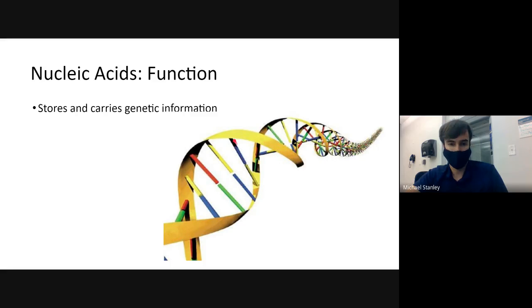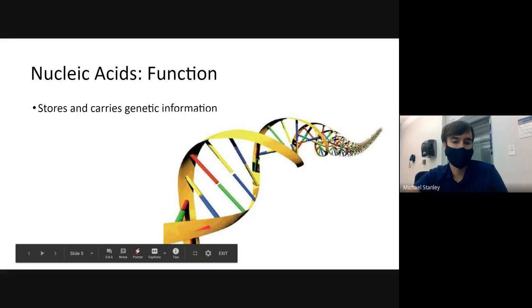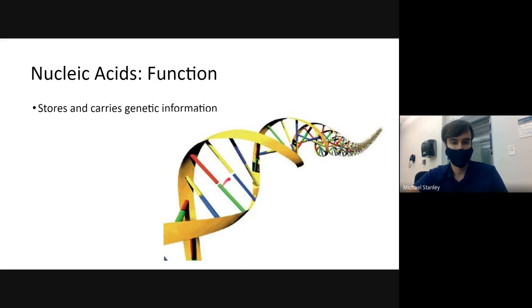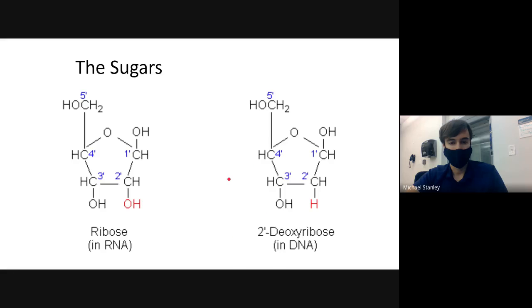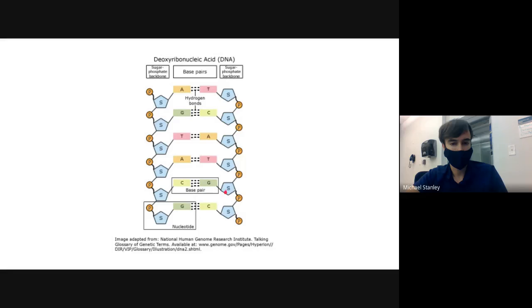So each side has sugar and phosphate on the outside and bases in the middle. And then across from them is the same thing, sugar and phosphate on the outside, bases in the middle. So that is how the 2 different sides of the DNA, the 2 different strands, kind of get structured with each other.